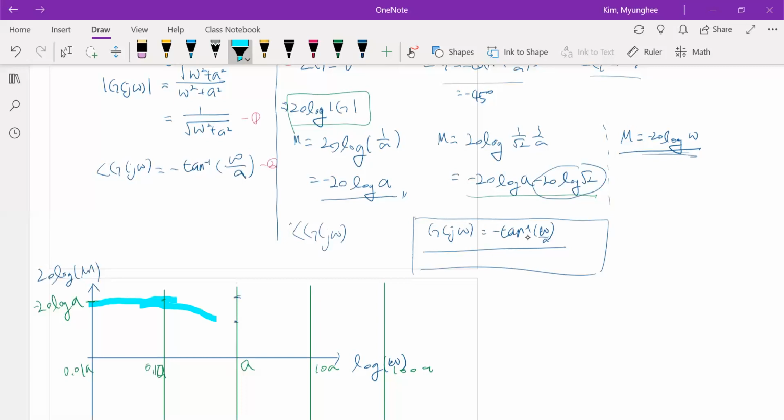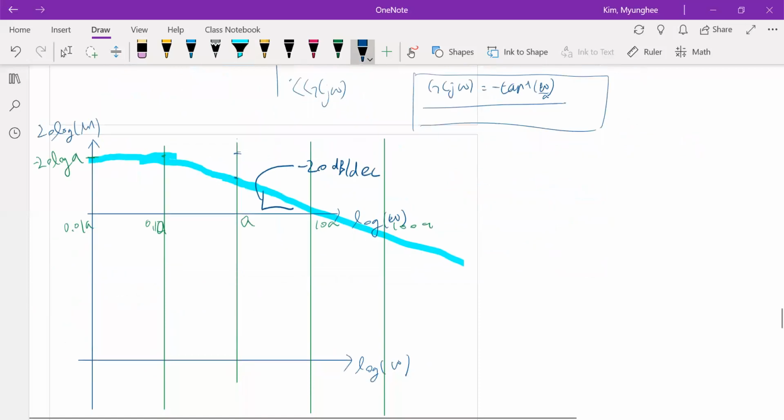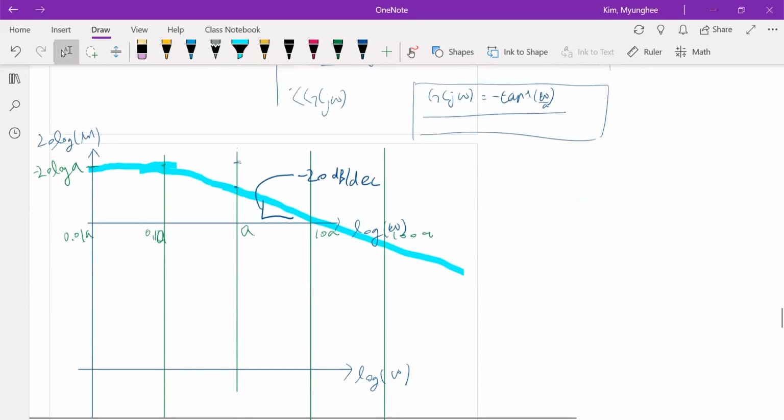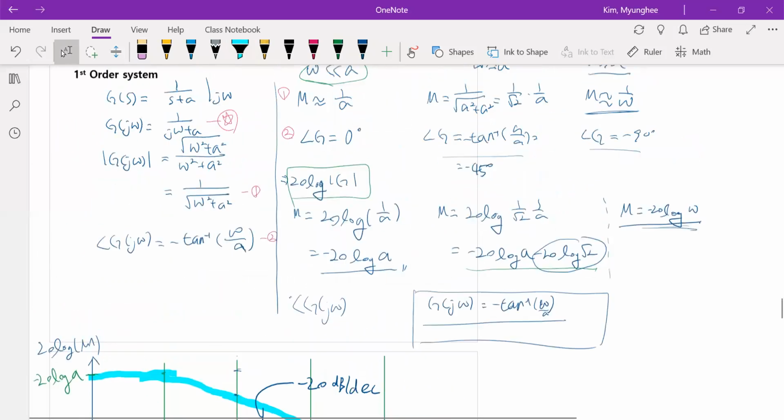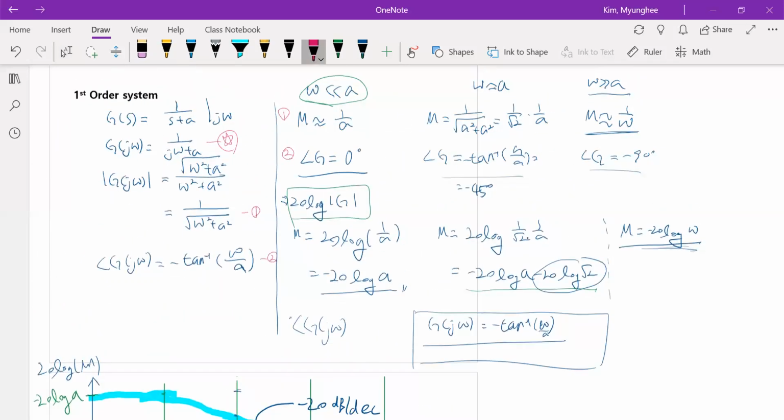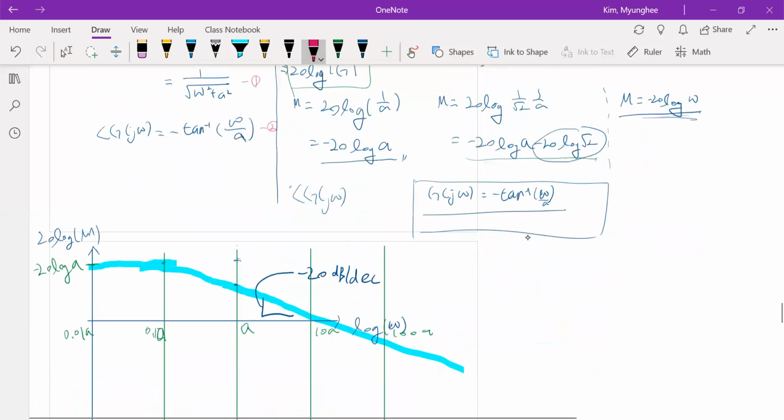And about here, it's decaying slightly. And as omega becomes large, it will decay very quickly, with a slope of negative 20 decibels per decade. So this will be the magnitude plot. And then for the phase plot, when omega is very small, the angle is 0 degrees.